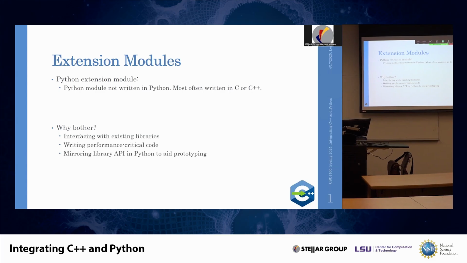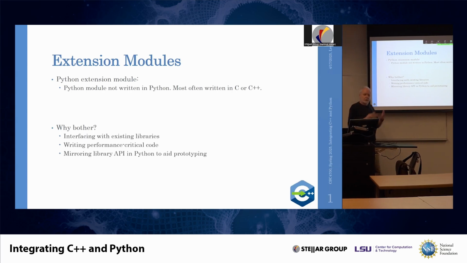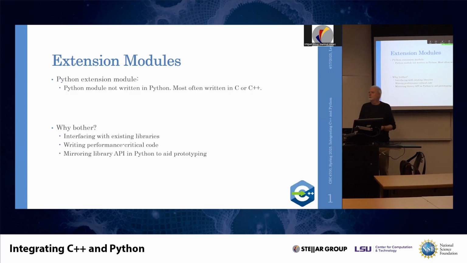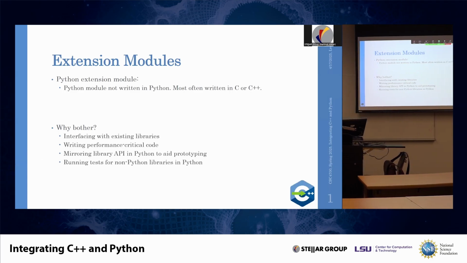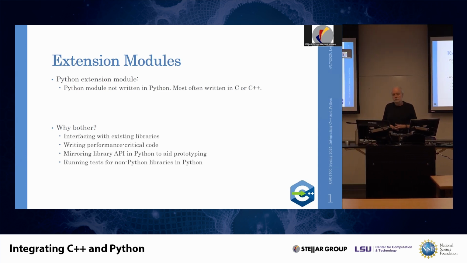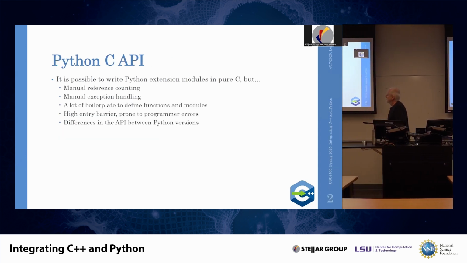You can first prototype your application, your library or your solution in Python until you're happy with the interface, and then you say, okay, I have the interface, now I write it in C++. You could also run tests for non-Python libraries in Python easily, just as another example.